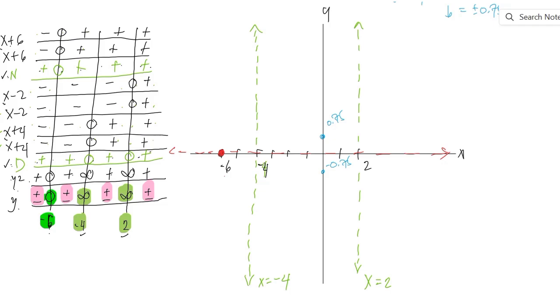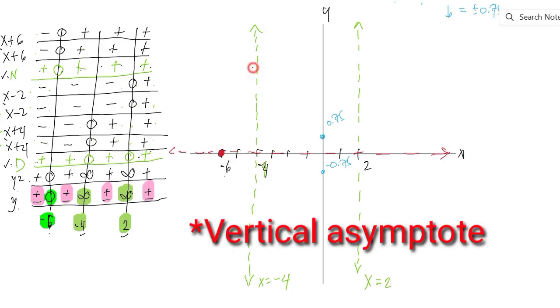Now if we are going to sketch the graph for this, we have our graph closer to our vertical axis here, since we have plus and minus. So that would be getting closer to the vertical axis.